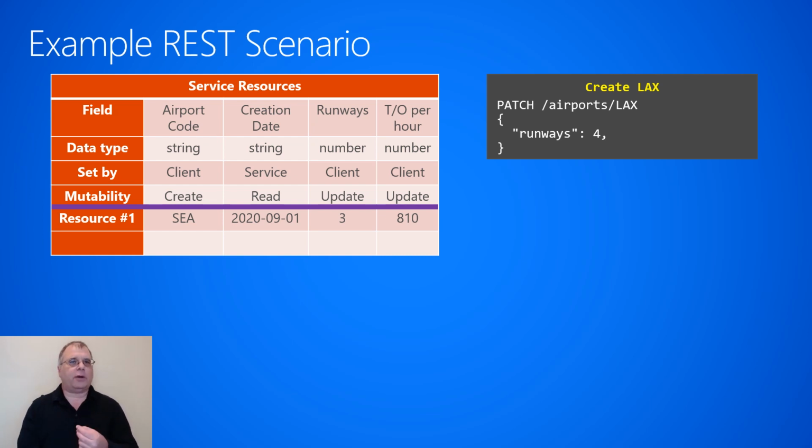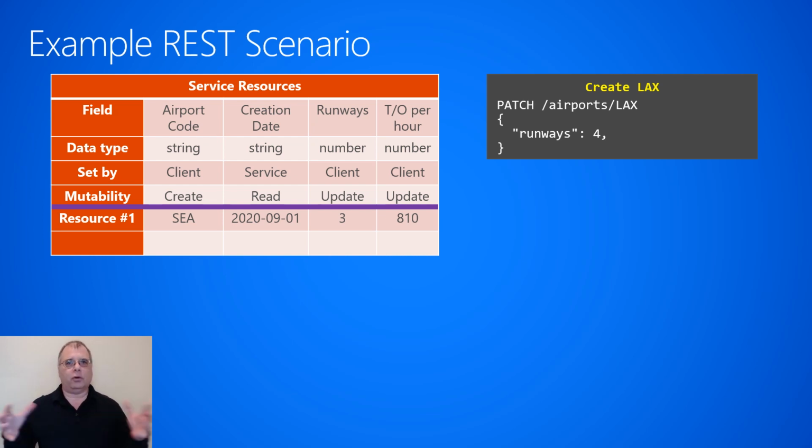If the field is marked as read, that means the client never sets this field, but the client can only ever read this field from the service. If the field is marked as update, that means that the client is able to modify it even after creation time. So in this case, the airport code, once it is set, is set in stone and can never be changed.